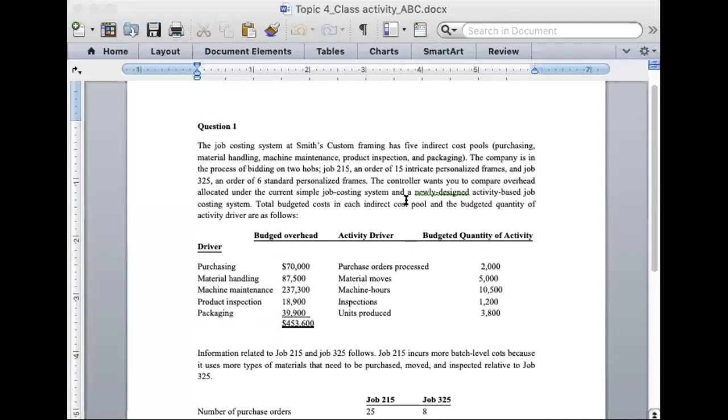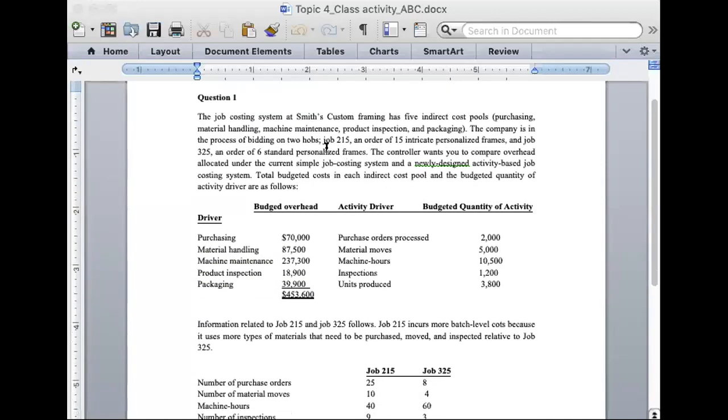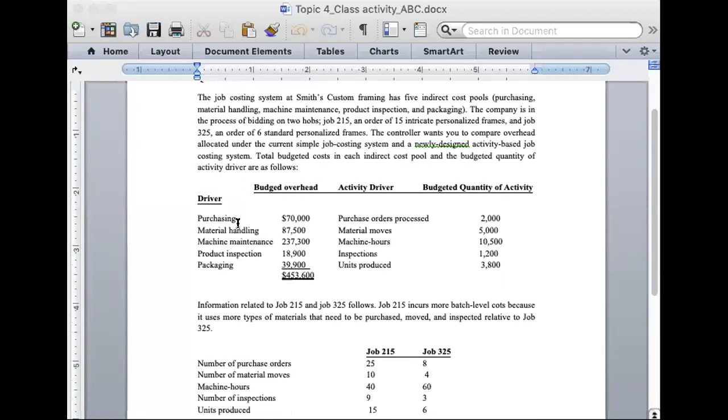So you can see there is a question. You have some basic information. This information is about your cost driver. No, that's not a cost driver, that is your cost pool. Sorry, it's information for here.